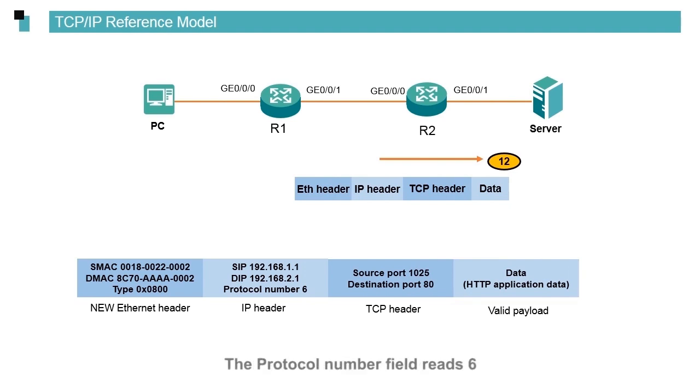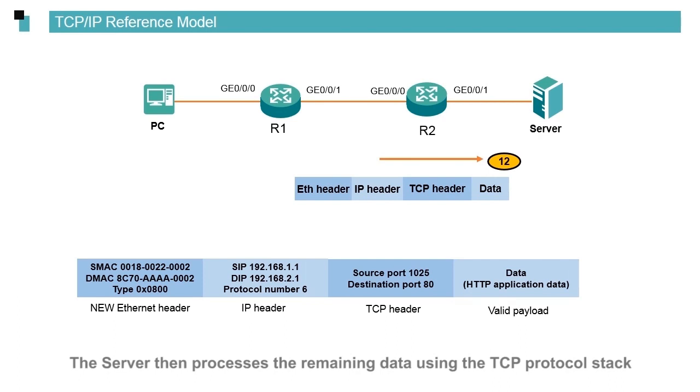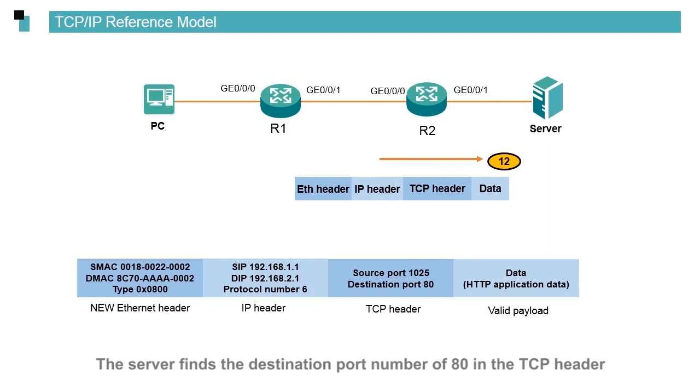The protocol number field reads 6, indicating that a TCP header follows the IP header. The server then processes the remaining data using the TCP protocol stack. The server finds the destination port number of 80 in the TCP header, removes the TCP header, and sends data to the HTTP process.